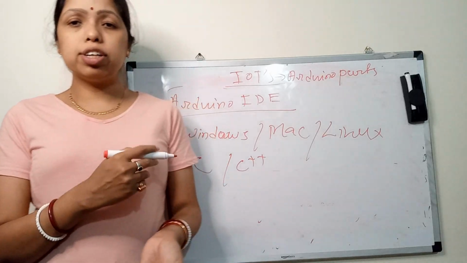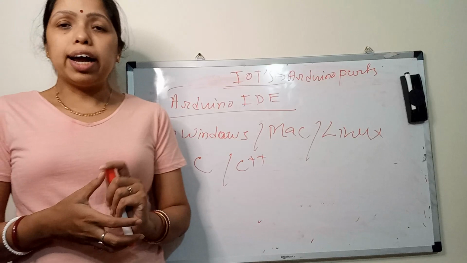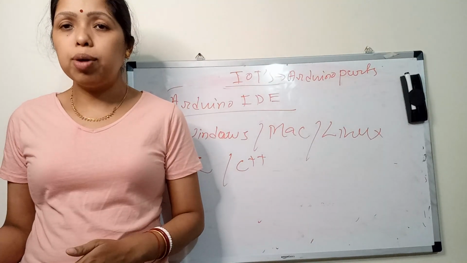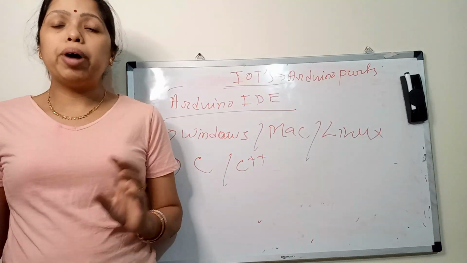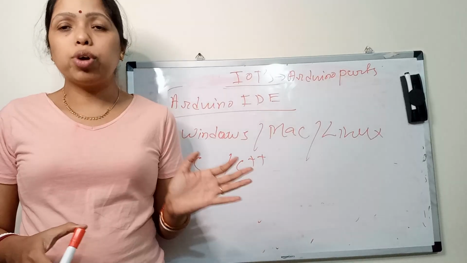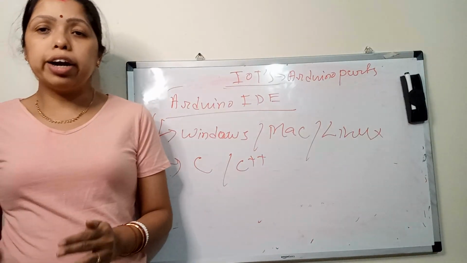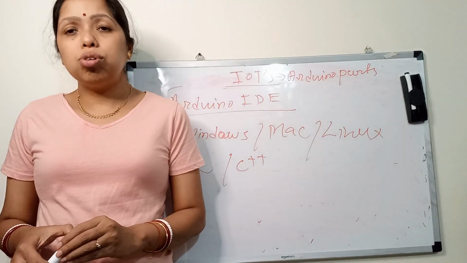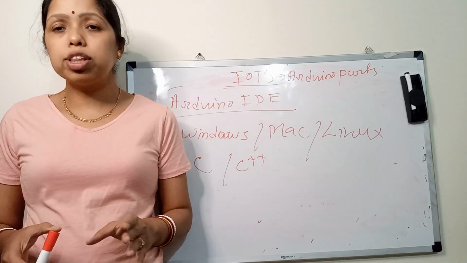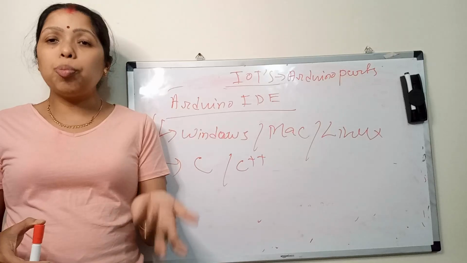After writing the code, you can connect the computer to the Arduino hardware through the USB cable. After writing the code in the Arduino IDE, you can upload the code to the Arduino hardware. Once the code is uploaded, you can directly execute the program.